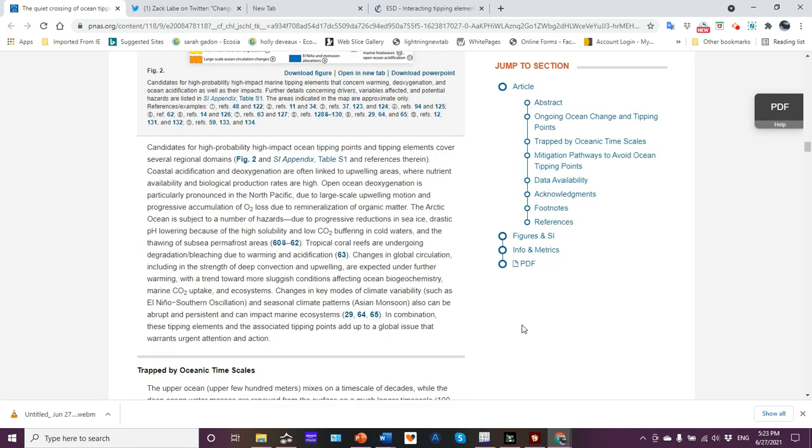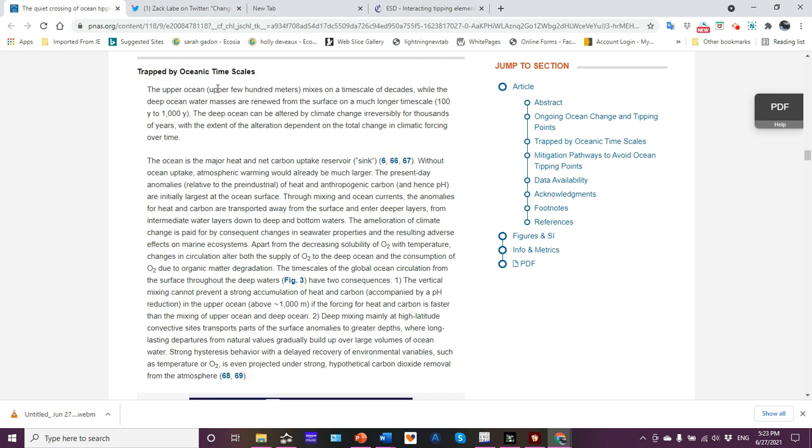Okay. And then they talk about the candidates. I will leave the URL in the comments section. You can read through the specifics. But in this paragraph here, they're talking about what I just discussed with you in looking at that figure. And we have differing time scales for the ocean.